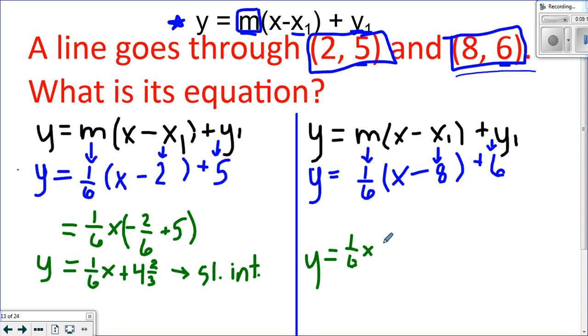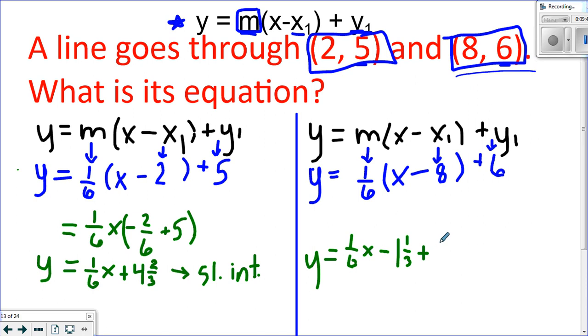And that's minus, right? So I have 1/6 x minus 8/6, which is 1 2/6, or 1 1/3. And then at the end here, I have plus 6.